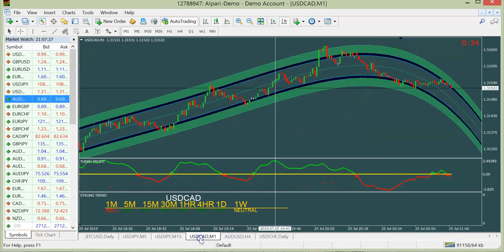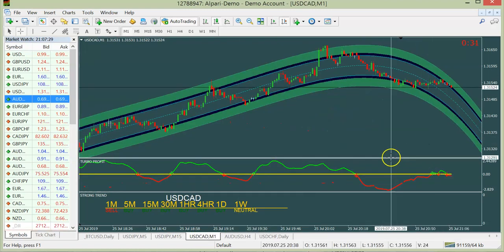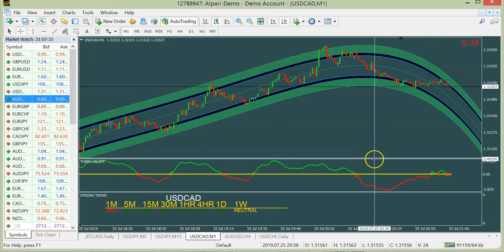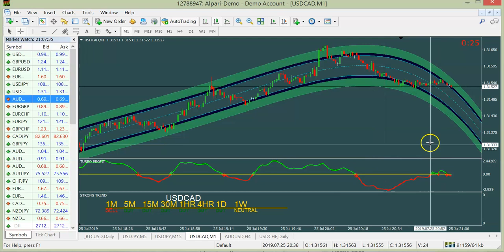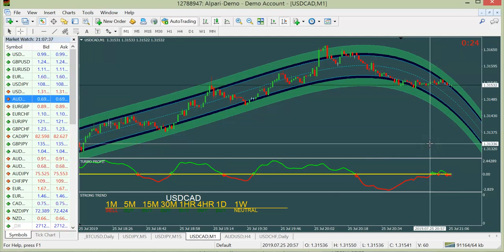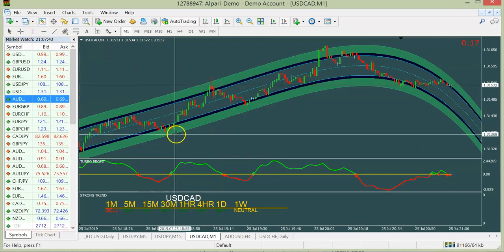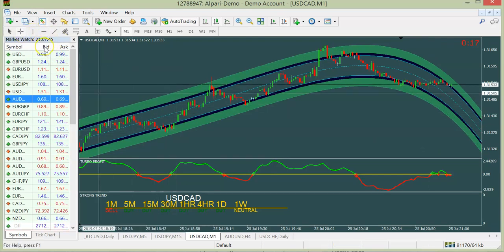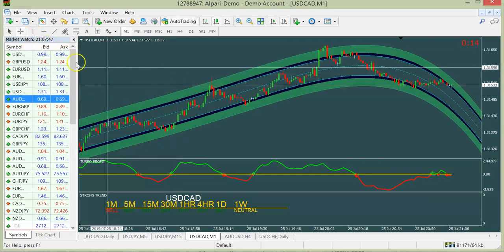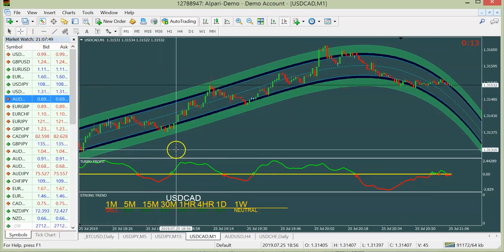Also, there is a possibility to use it on the 1 minute time frame for binary options. Let's see. And now I must say this is the very end of the New York session and the volatility is not good.